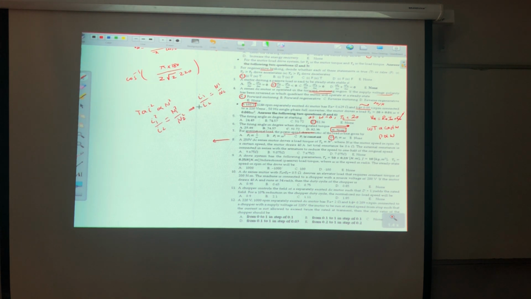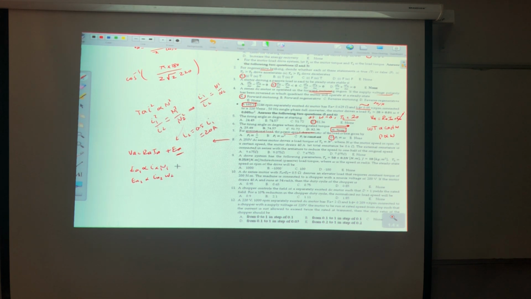This means that I2 will equal 0.5 I1, which is 20 ampere. Now I have the current. If I need to find the voltage, VA equals RA IA plus EA, so I need to find EA. EA is proportional with IA omega. So EA1 is proportional with IA1 omega1, and EA2 with IA2 omega2.